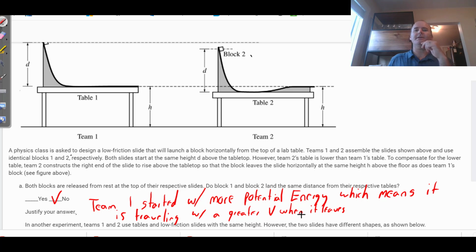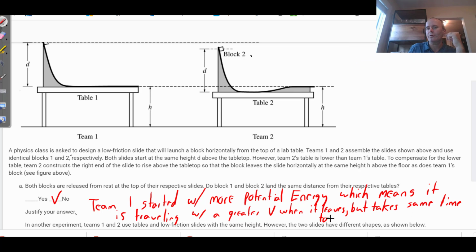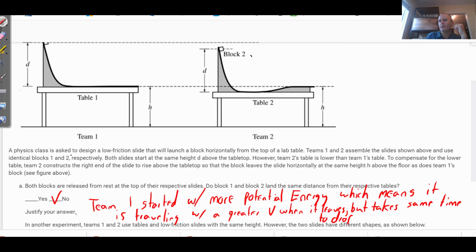Okay, so if it has a greater velocity when it leaves, but it takes the same time to drop from H, so that if this height is the same, it takes the same time.